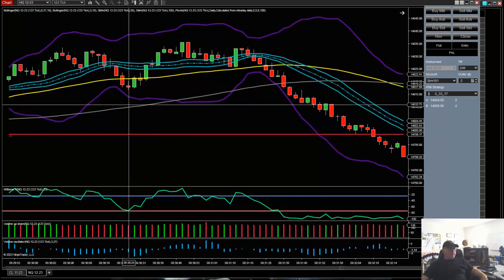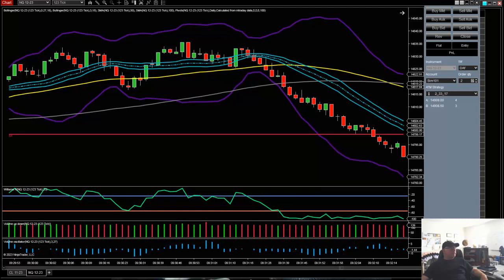So here, screen draw out. Williams percent R, prices, downward move. This is how I used to trade.